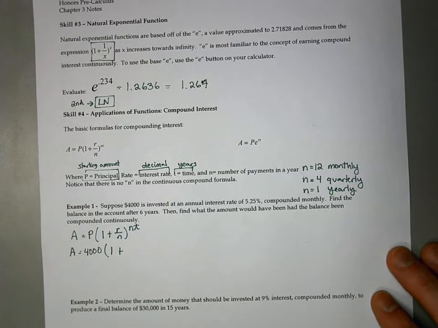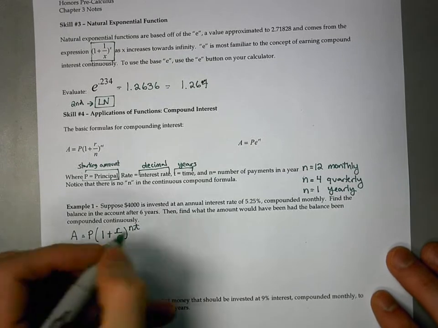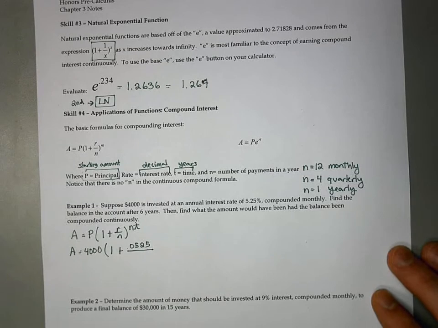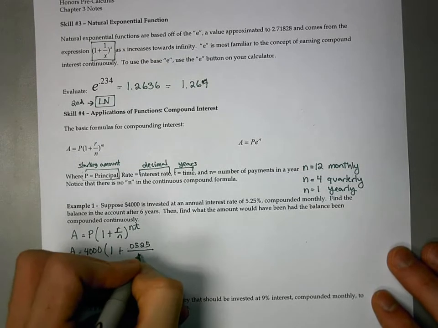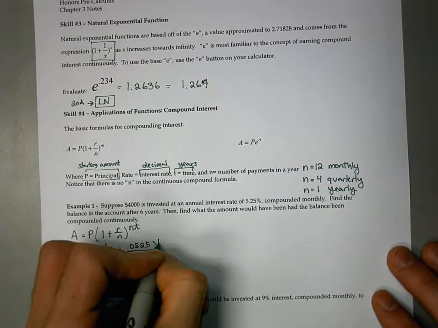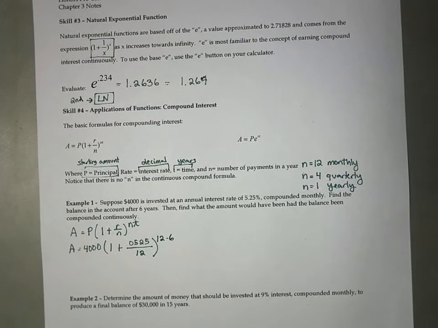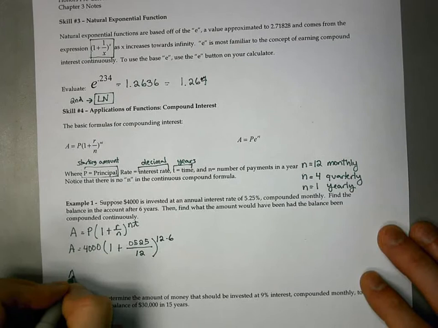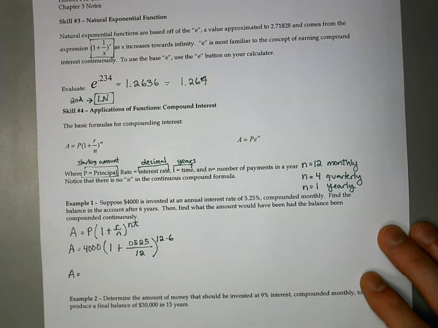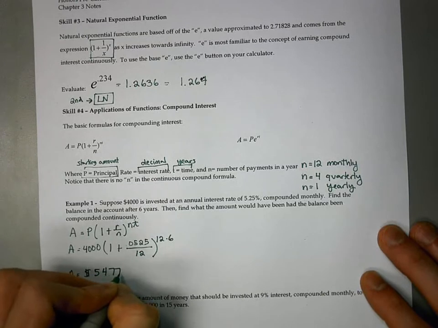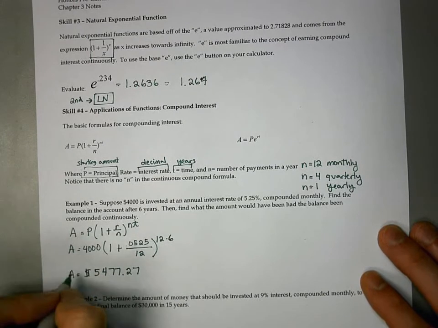You might say, hey, that's already a decimal, but there's also the percentage in there, so we need to move that decimal point over 2 places. And since we're compounding monthly, n is going to be equal to 12. And then t is in years, which is 6 years. I can plug that expression into my calculator, and I'm going to get $5,477.27.